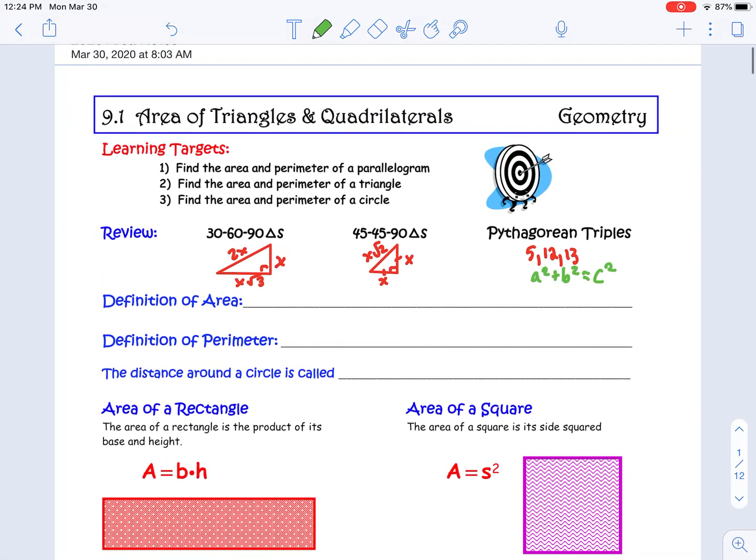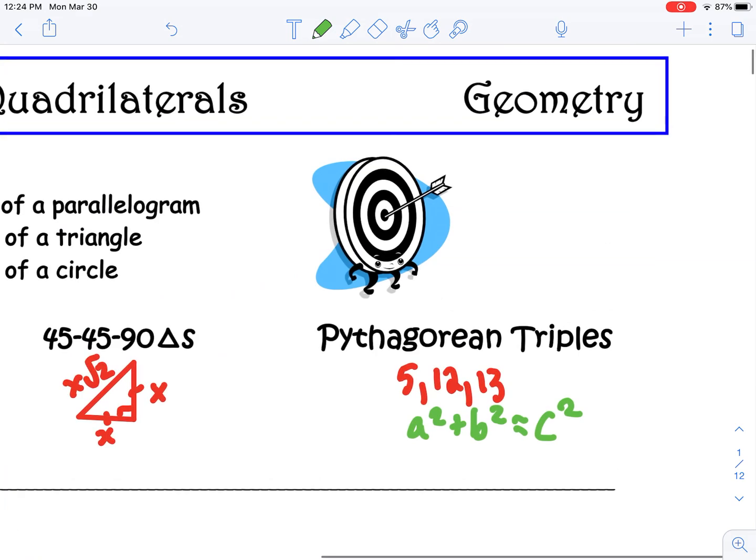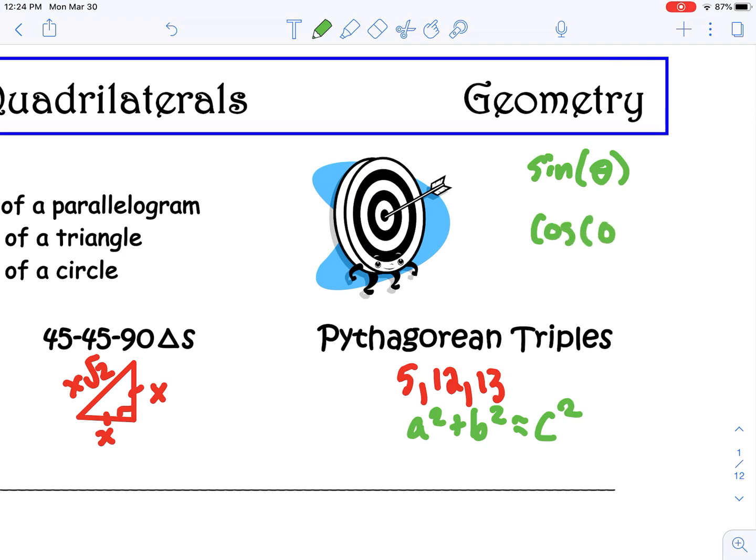Last but not least, the other things to review are 3 trig ratios: sine, cosine, and tangent. These ratios allowed us to relate the sides of right triangles as well as to solve for unknown measurements, either angles or sides.